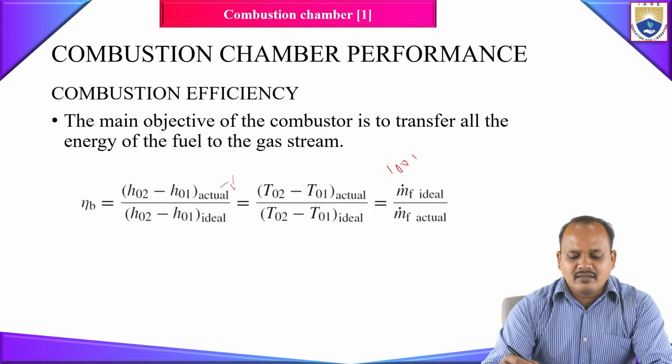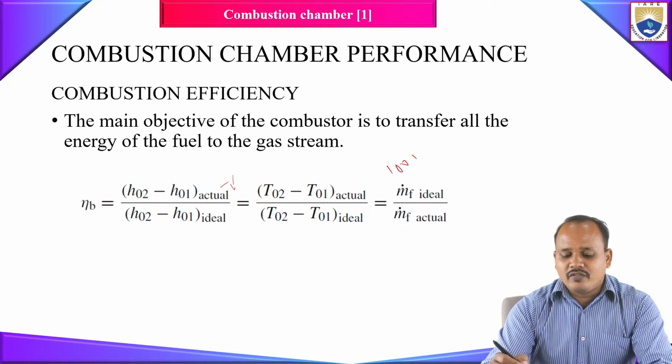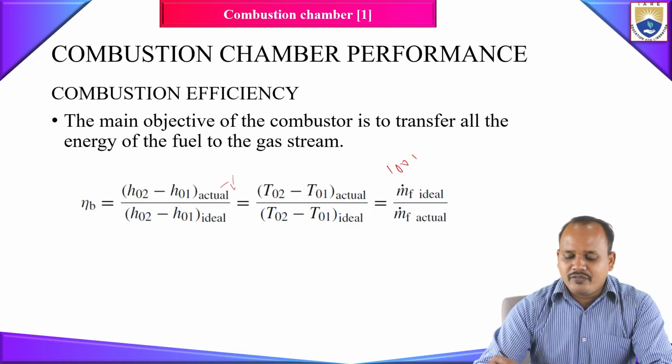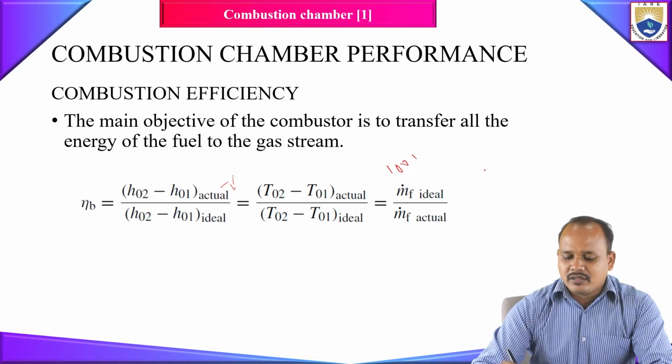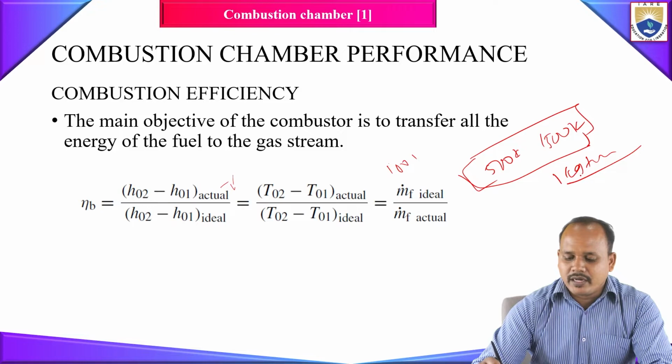Basically, you can write this in terms of the mass flow rate of your fuel. For example, say you have to raise your temperature from 500 Kelvin to 1500 Kelvin. Let's say for that I'm burning 1 kg of fuel. So what is this combustion efficiency?